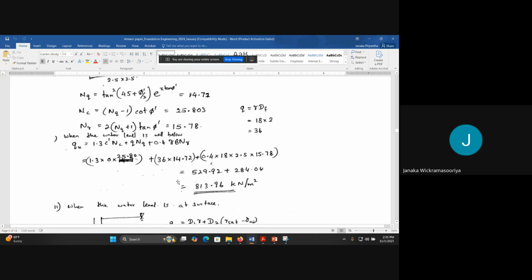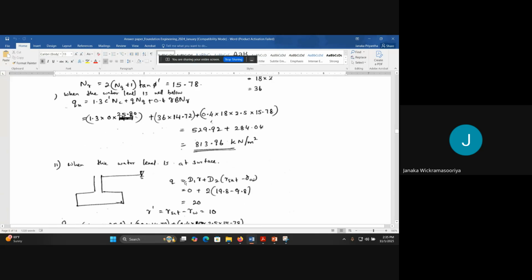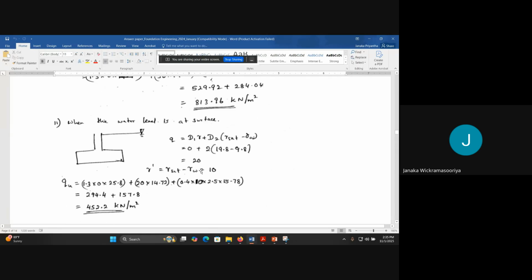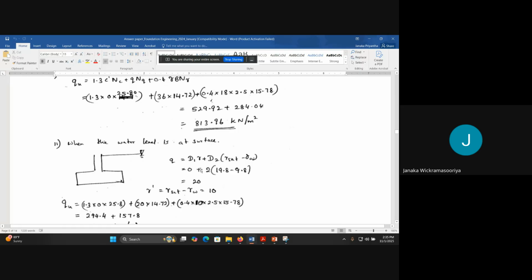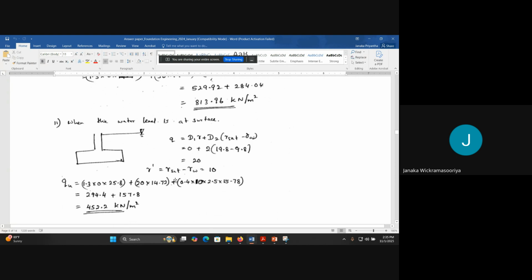Right. Then the water level is at surface. Those values will be adjusted, and you will get the ultimate bearing capacity as 452.2 kilopascal. I'm not going to explain each and every step. If you have any questions, you can ask. No questions means either you have understood nothing or you have understood them very well.